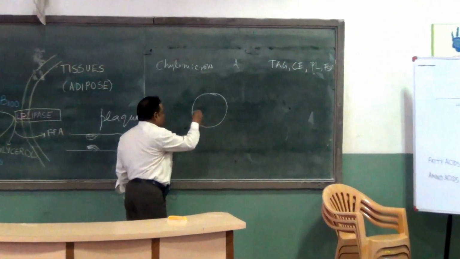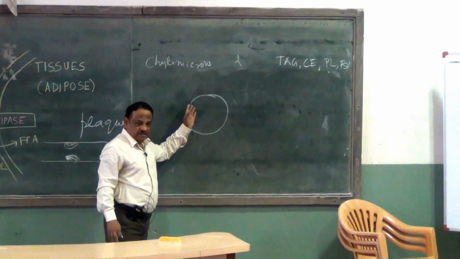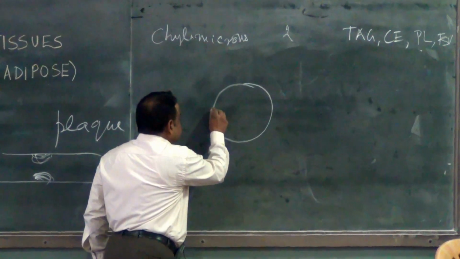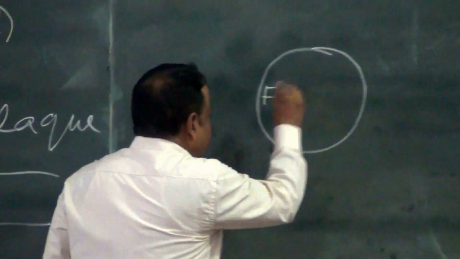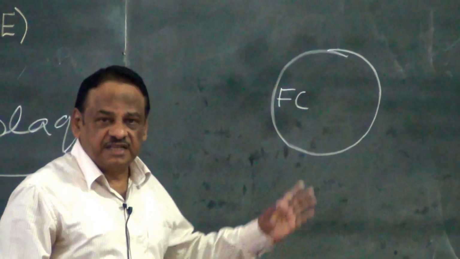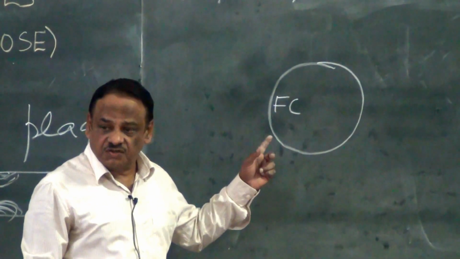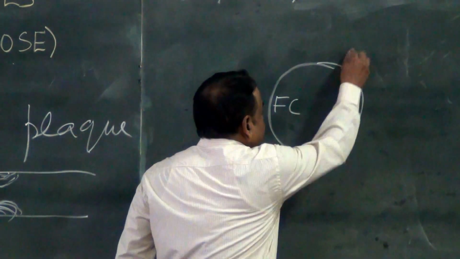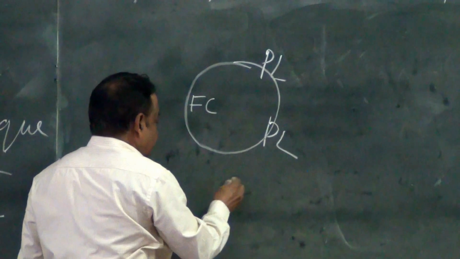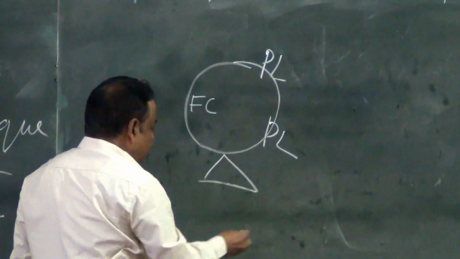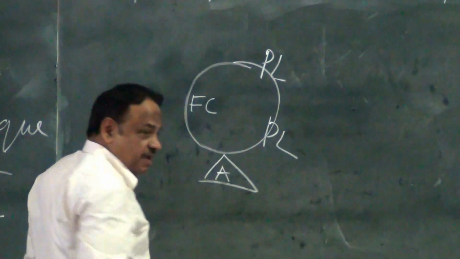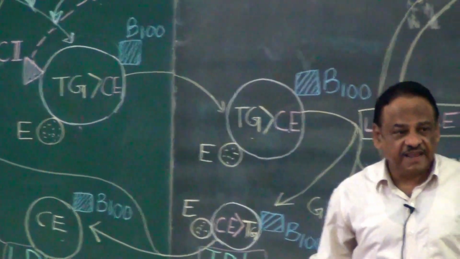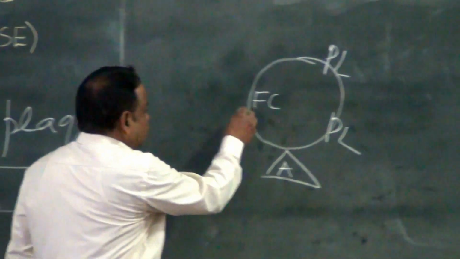Discoidal shape. So there is a nascent HDL. Nascent HDL contains more of free cholesterol, not cholesterol ester. It contains phospholipids. It contains apoprotein A. What else?